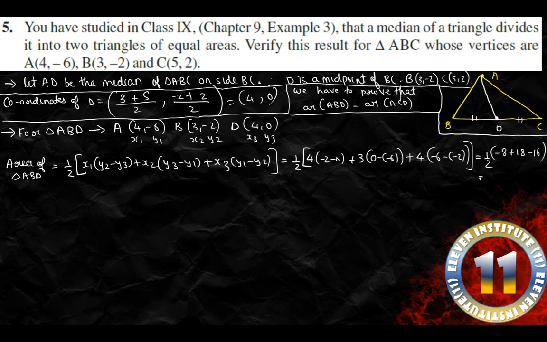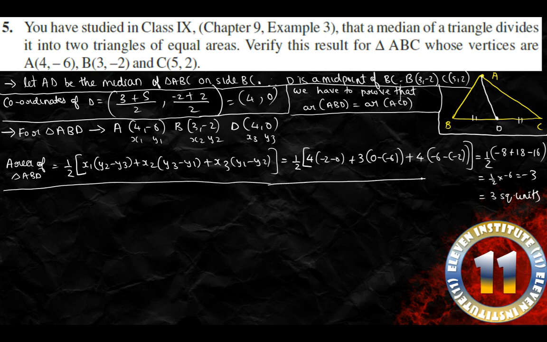So we have half into minus 6, which is minus 3, but minus તો હોય નહીં, તો આપણે અહીંયા લખી દેવાનું 3 square units, because area cannot be negative. Right? શું આન્સર આવી ગયો આપણી પાસે? 3 square units. હવે એરિયા ઓફ ટ્રાયેંગલ ACD પણ 3 square units આવવો જોઈએ, તો વાર્તા થઈ ગઈ પૂરી.